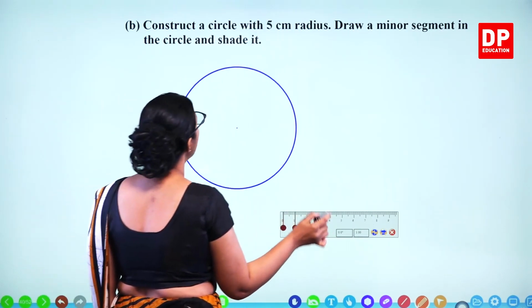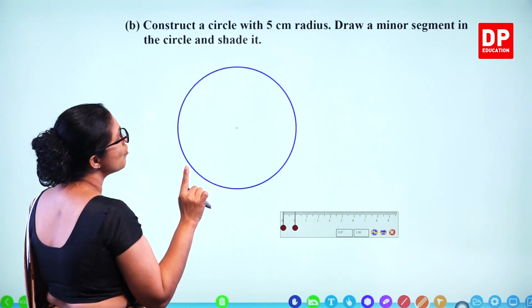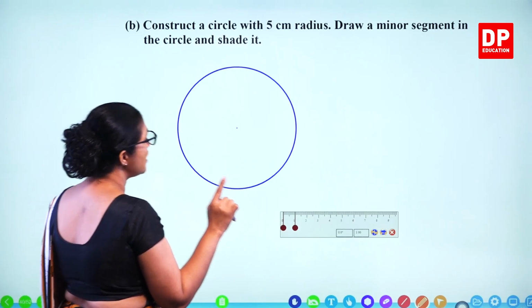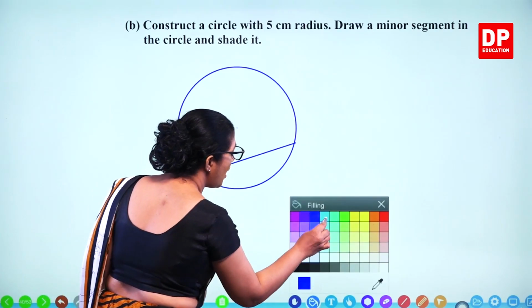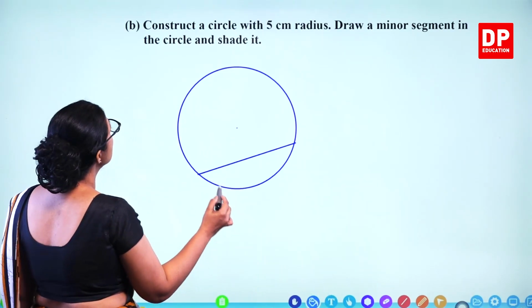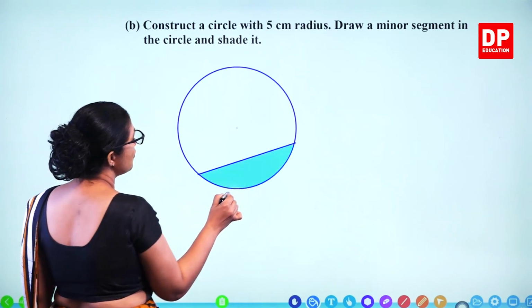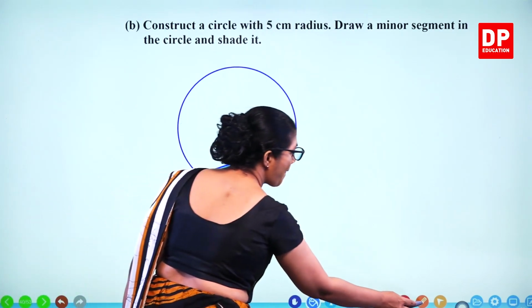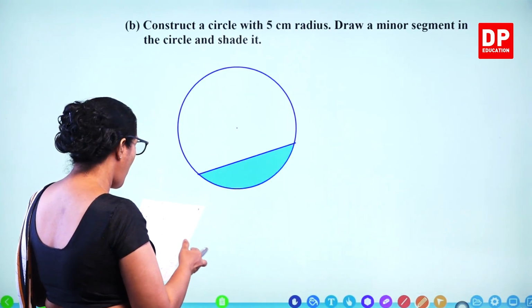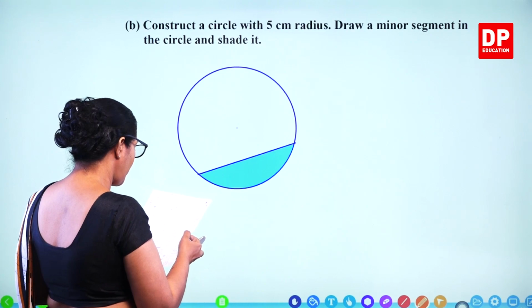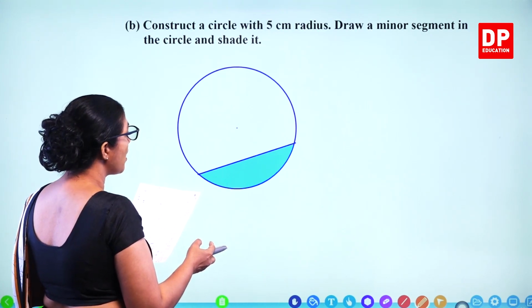And it says, construct the circle, draw a minor segment in the circle and shade it. Now we can shade the minor segment. Shade the minor segment. So this part. So how many marks for part B? You are getting 4 marks.